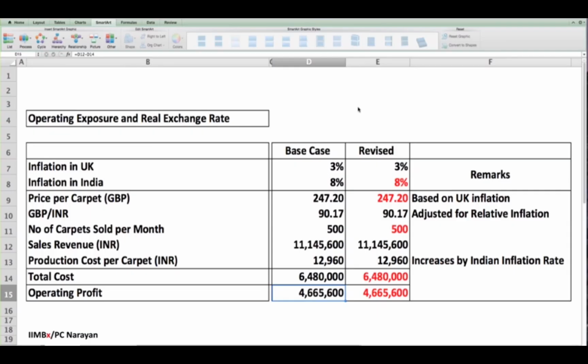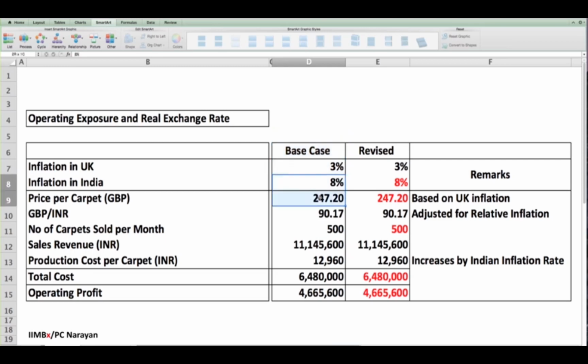Let's look at some spreadsheet examples to understand this in some detail. Let's look at the case of an Indian producer of carpets exporting these carpets to the United Kingdom. Let's look at some assumptions that we've made in looking at this problem. The inflation in the United Kingdom is 3%, inflation in India is 8%.